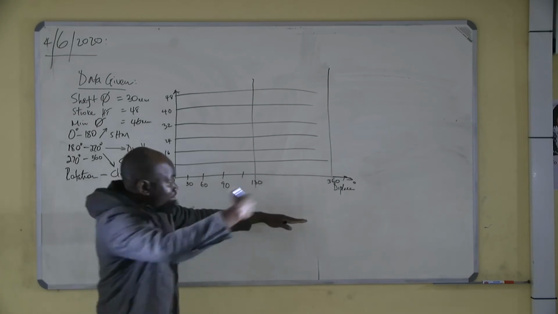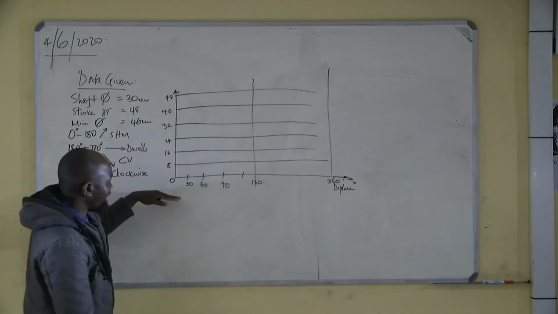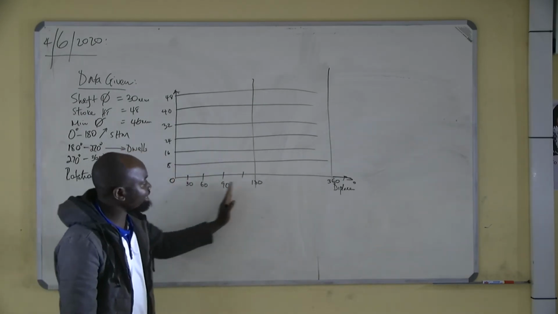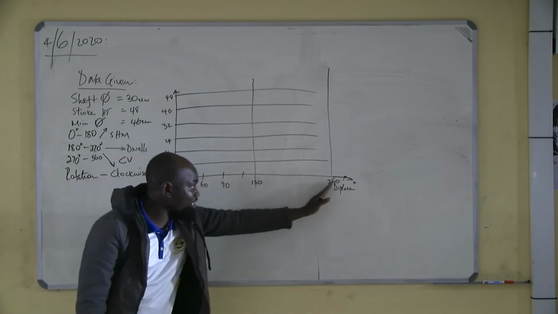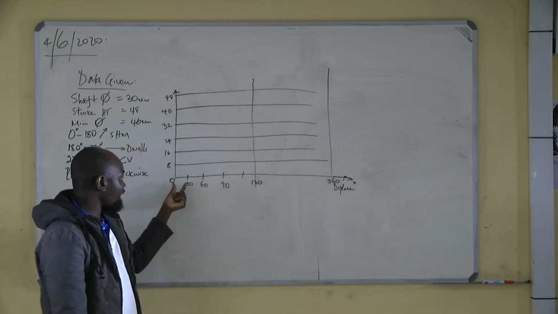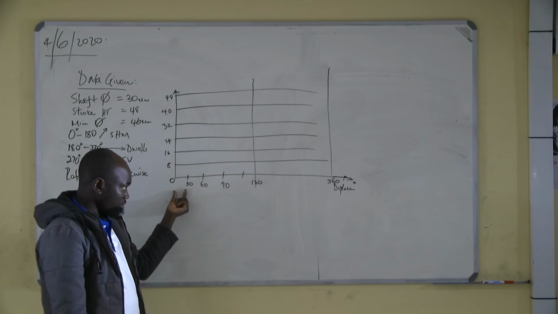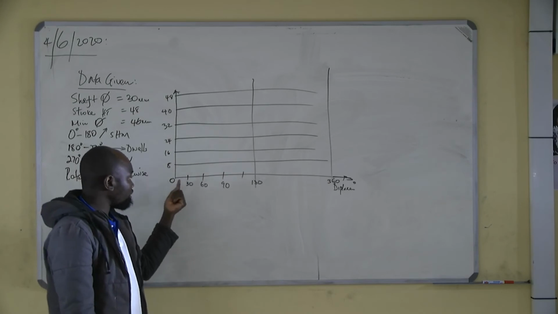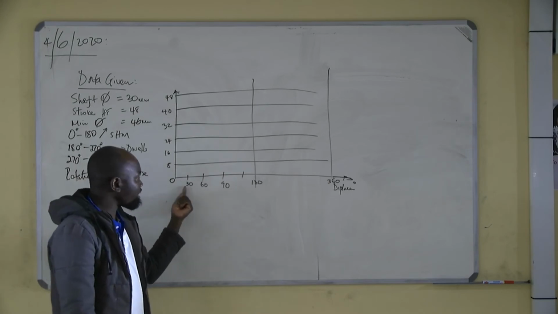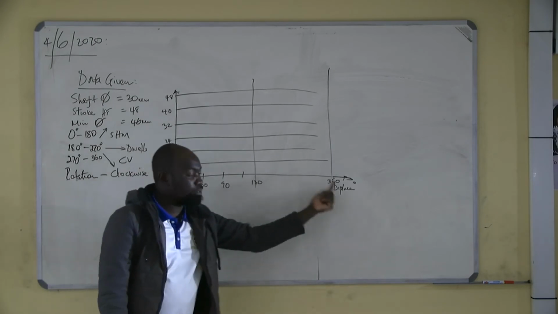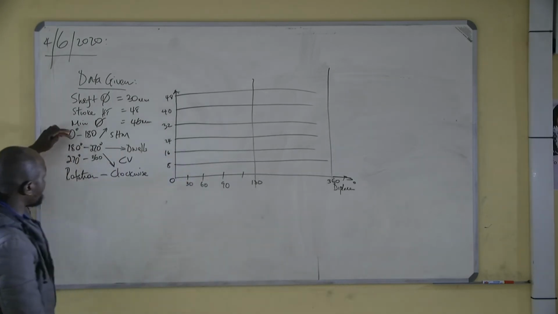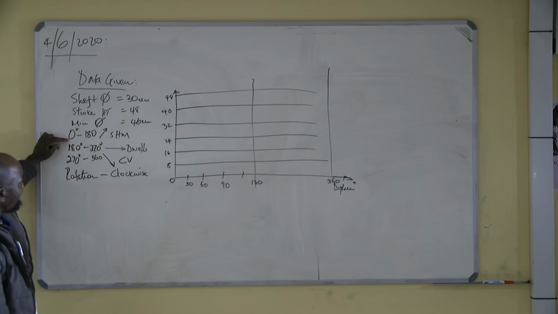I'm doing this just to cover up for the time, but please divide it up to the end. Don't jump sections like I'm doing now. Have each centimeter for 30 degrees up to the end. And then you start with your performance.